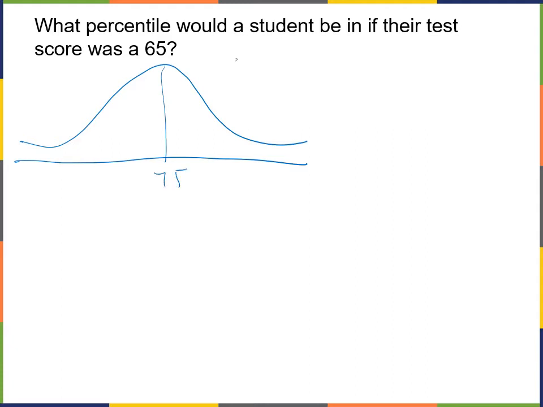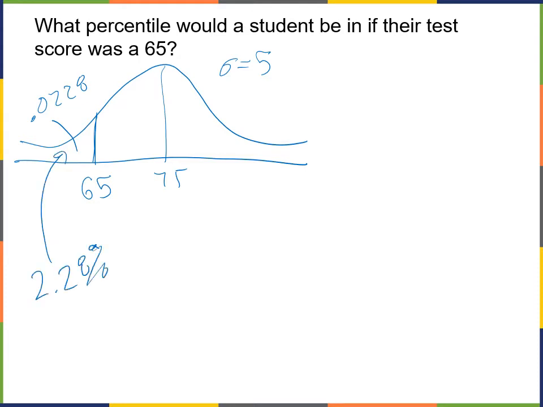Your standard deviation was 5. The score we're talking about is 65. We found out that this area is 0.0228. Or we could say, move the decimal place, 2.28% is the area. You look at it as a percentage.